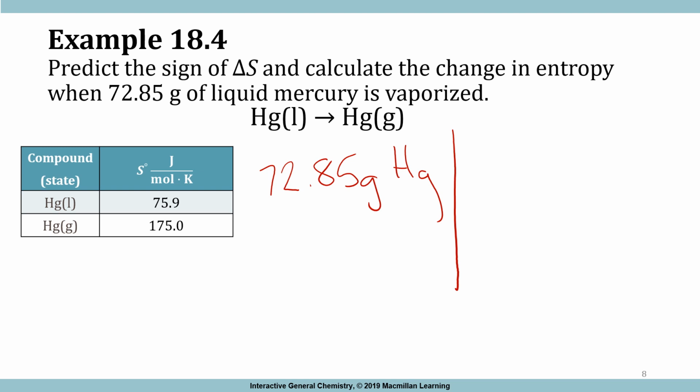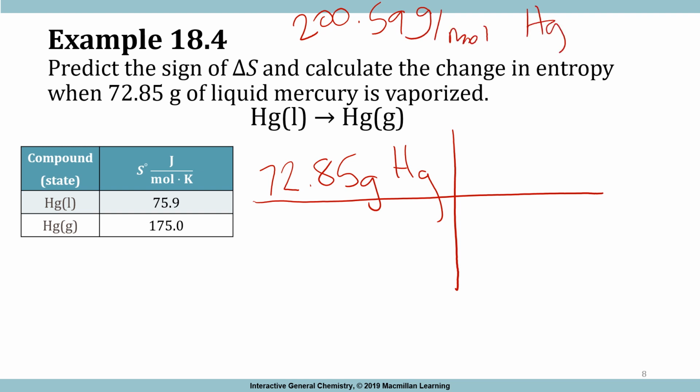So if I convert the grams to moles of mercury, I need to use the molecular weight of mercury. And so if I look at the periodic table of elements, I find that the molecular weight is 200.59 grams per mole.